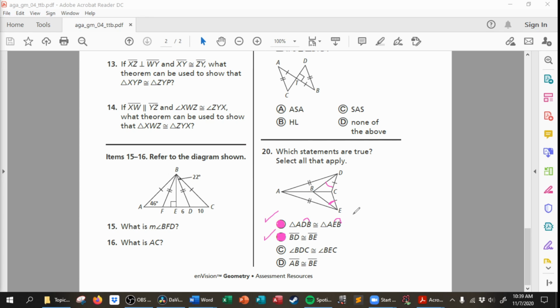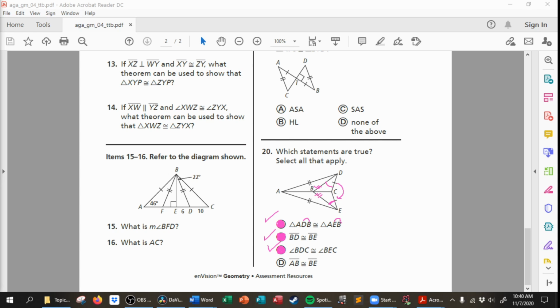Well, right now we know ADB and AEB are congruent, so we know these sides are also congruent. And they're already given this, so we have side-angle-side congruency, so we're good there. I don't know why I'm circling it and checking it. I guess just because I feel really good about them.